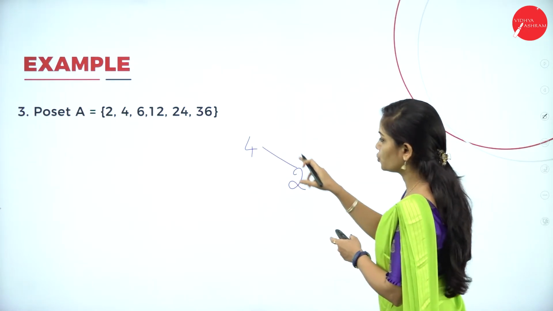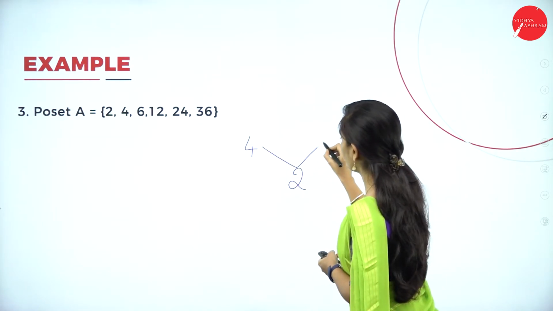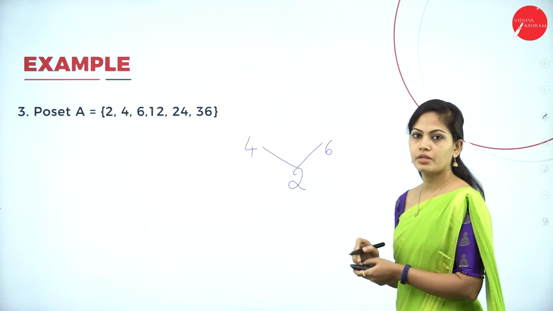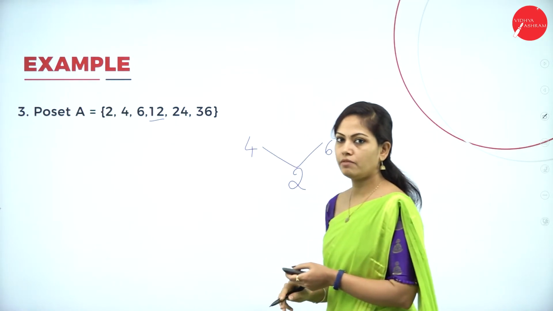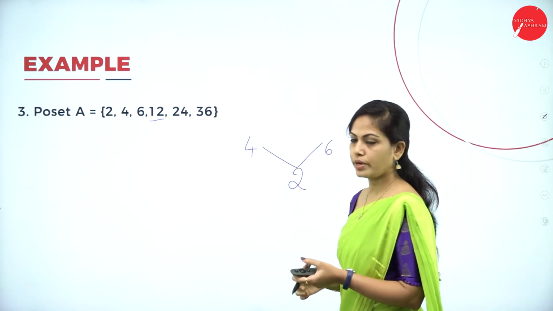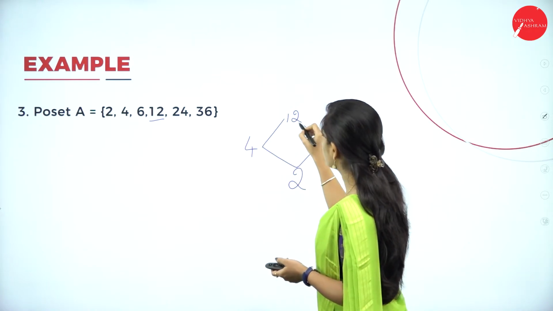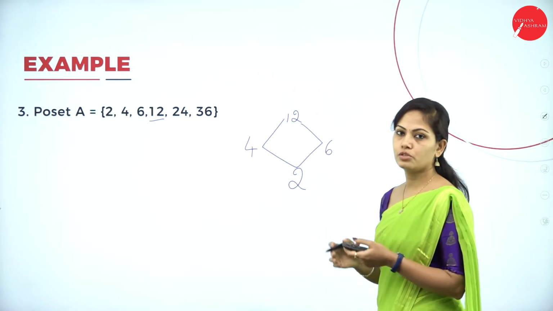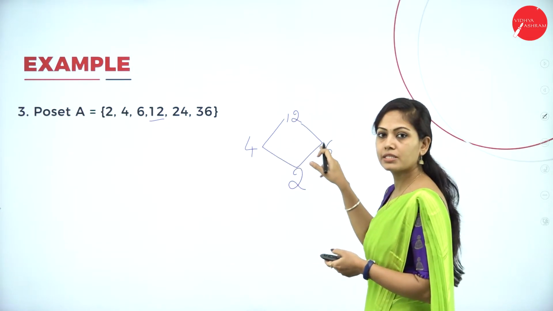And the next element is 6. 2 can also divide 6, right? And the next element is 12. 4 can divide 12, 6 can also divide 12. I have connected here 4 to 12 and 6 to 12 also.